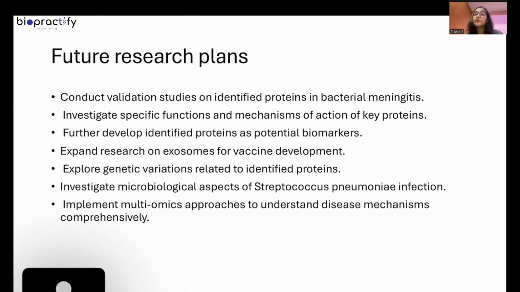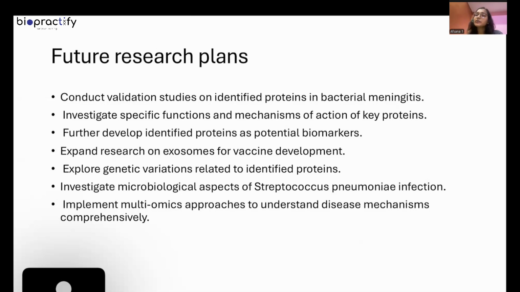Research plans that could further the study include conducting validation studies on identified proteins in bacterial meningitis, since the study of individual proteins could deepen the knowledge of those proteins, and also studying the pathogen, which could help in disease control. Investigate specific functions and mechanisms of action of key proteins, which will also help in making drugs.